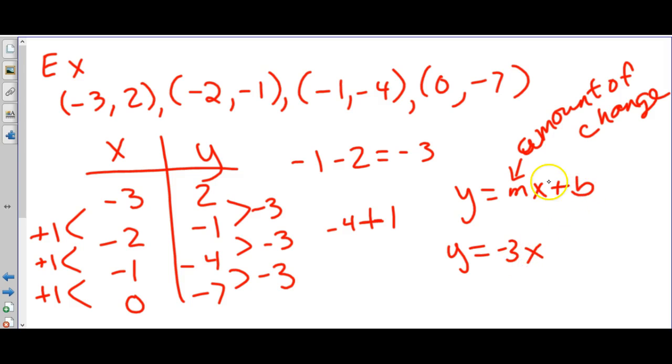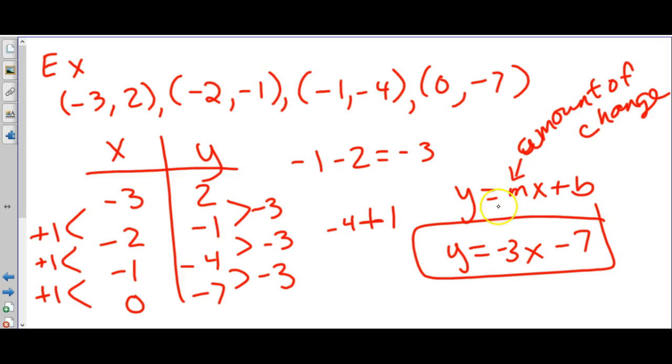And b is your initial value, so 0 has -7 with it, so -7. So exponential and linear equations will act more similar when you actually make the equation. You just identify the amount of change and you identify the initial value to plug in. Quadratic, you have to actually plug in an x and a y value to figure out that coefficient in front.